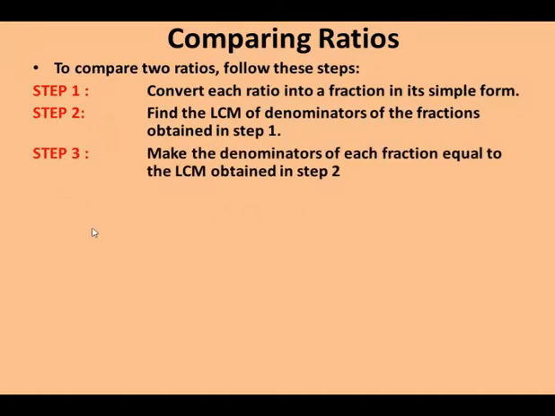Then in step 3, make the denominators of each fraction equal to the LCM obtained in step 2. Whatever LCM we have got, we have to make the denominators the same according to the LCM.